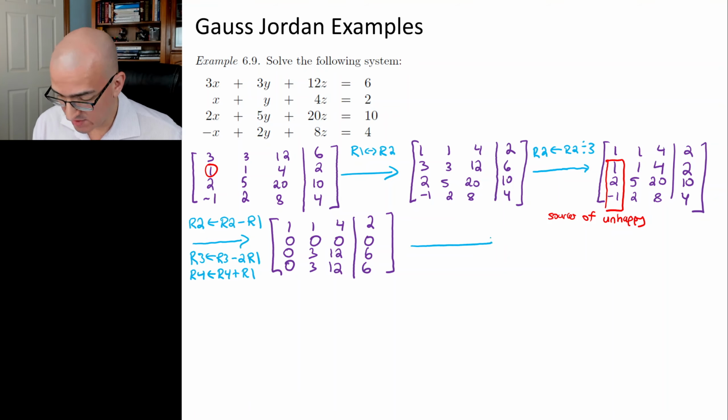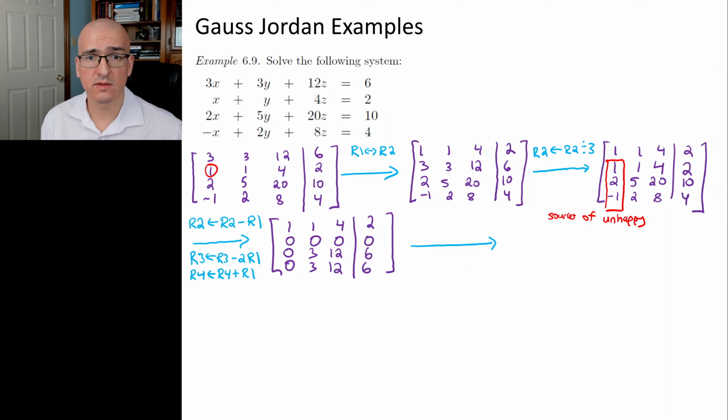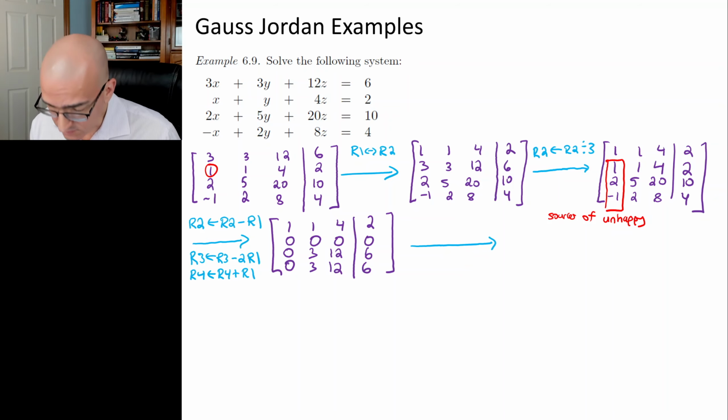At this point, someone should put their hand up, but you can't because this is a video. Someone should put their hand up and say, how come you haven't moved that 0 row to the bottom? And I'm supposed to go, excellent question, how come I haven't? We will. We'll just do it in a moment. So I'm going to replace row 4 with row 4 minus row 3.